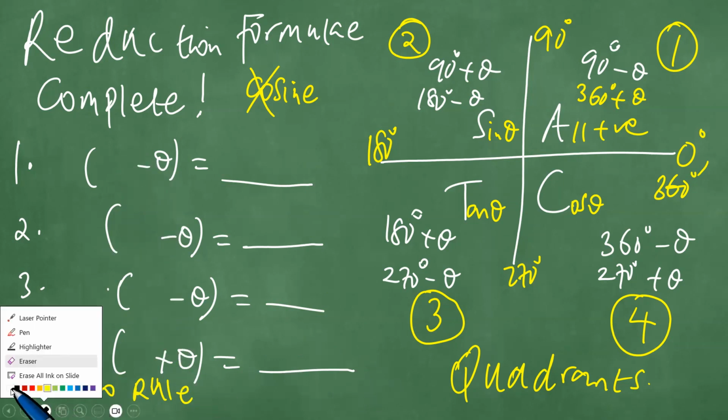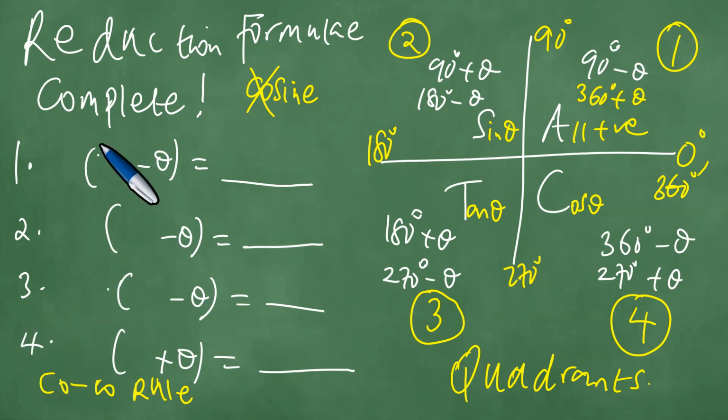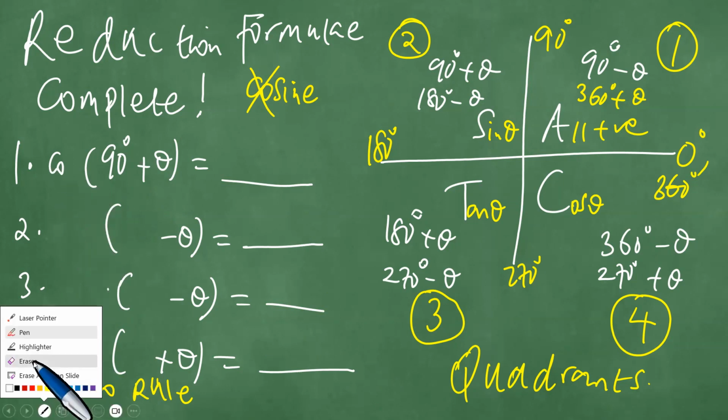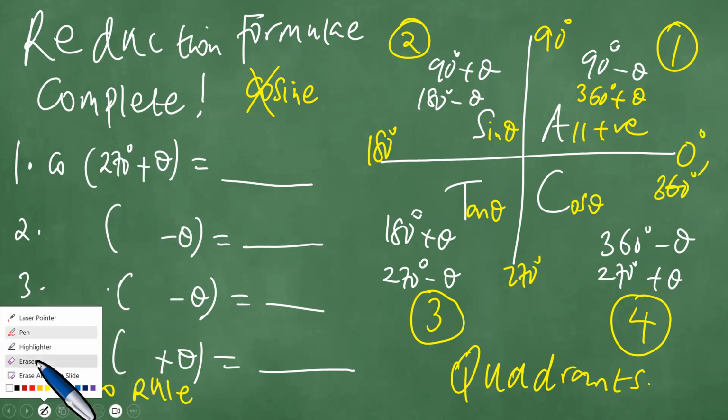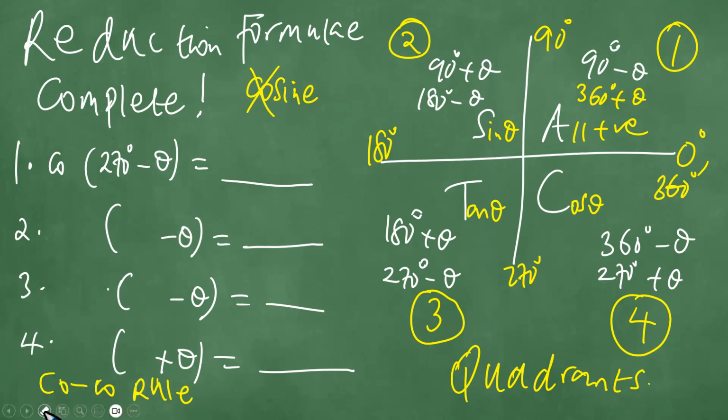Now let's deal with this one here. You can have 90 degrees minus theta, and let's put 90 degrees plus theta. Let's make it 270 degrees minus theta. I'm just formulating these questions for us to practice.